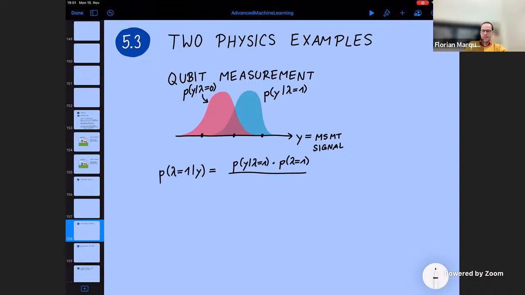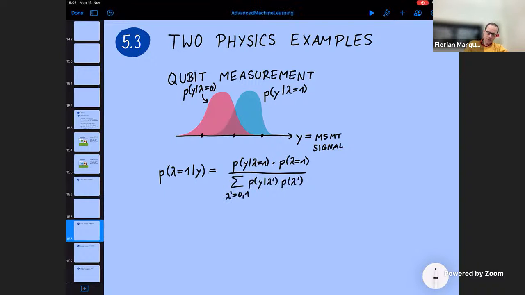There I would basically take the same numerator and just sum over all possible values that lambda might have, which in our case is, of course, only the two different states. So that's Bayes' formula.